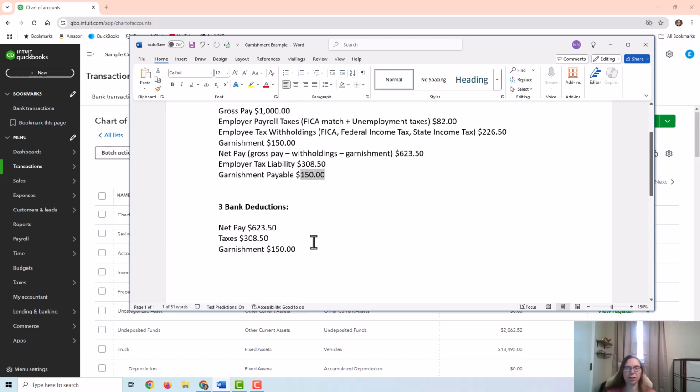And if you're using a payroll service like ADP, Paychecks, Paylocity, Gusto, any of those programs, some of them will pay the garnishment for you. So they'll deduct from your bank account the net pay of the employee, the taxes that they'll hold, and then they'll mail off to the tax authorities as they're due, usually.